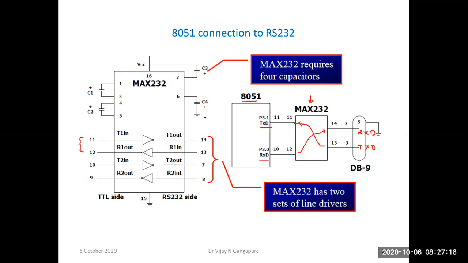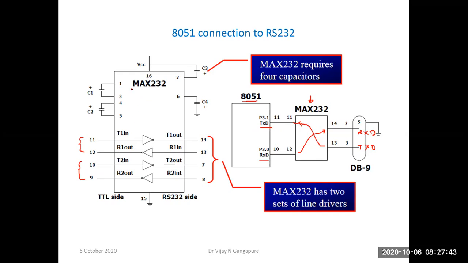This one set is used to interface between two data terminal equipments, and the other set, T2 in, T2 out, R2 out, R2 in, can be used to interface another pair of data terminal equipments.